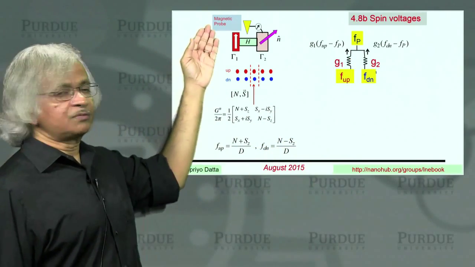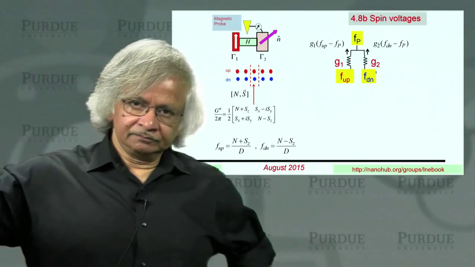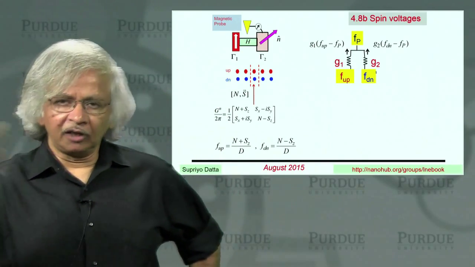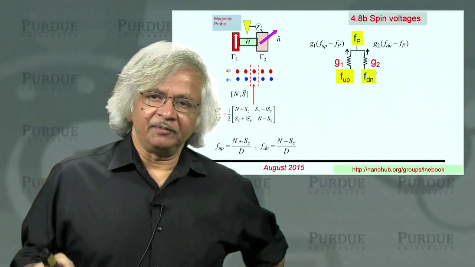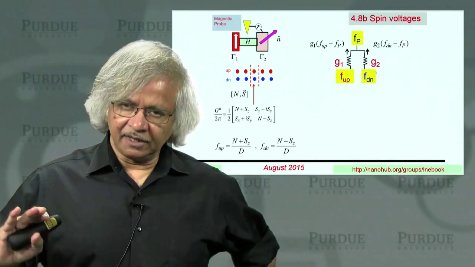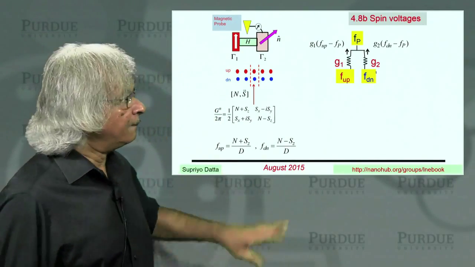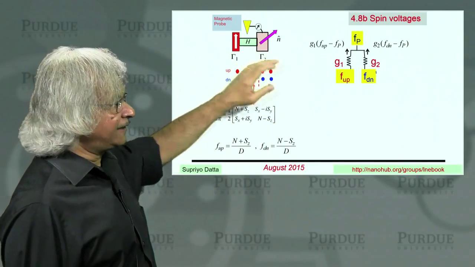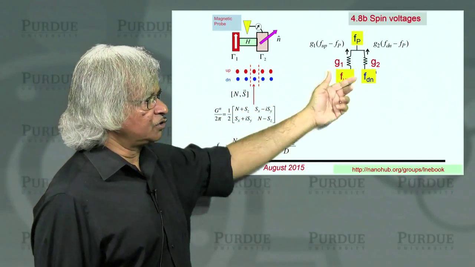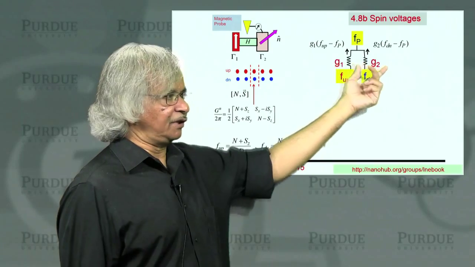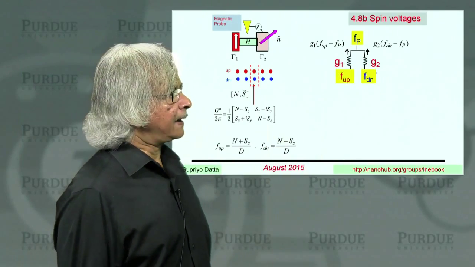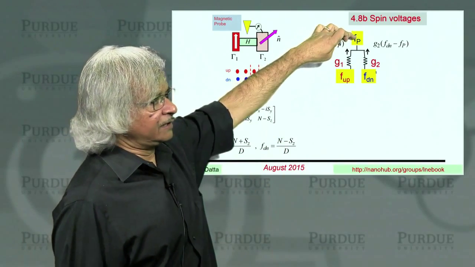Now, of course, if this were a non-magnetic probe, then those two would have been equal. Non-magnetic means it doesn't discriminate upspins, downspins, makes equal contacts to both. But here, if it's magnetic, then the two can be different, and so we'll put down two different symbols, G1 and G2.